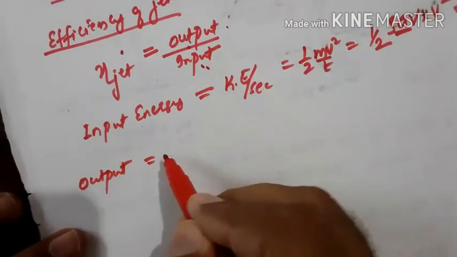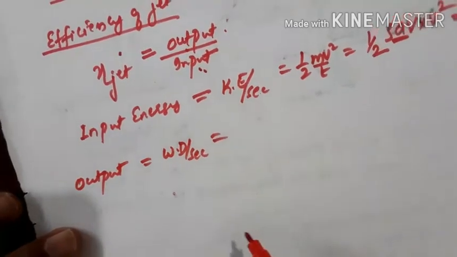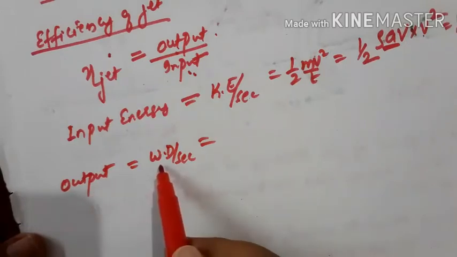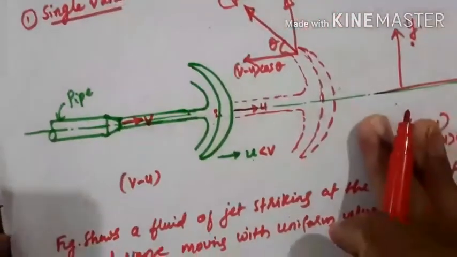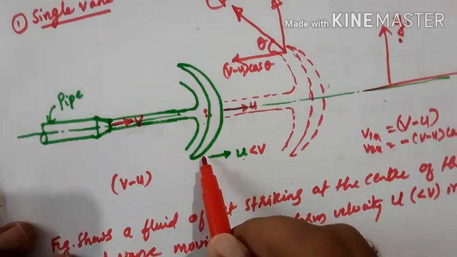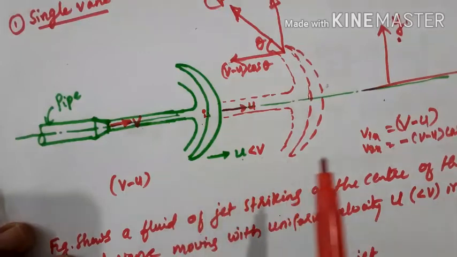Output is what? Work done per second. This I explained in the previous lectures. We say work is being done when a force acts on a body and the body gets displaced.